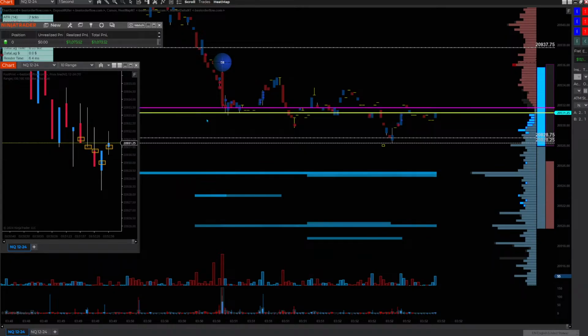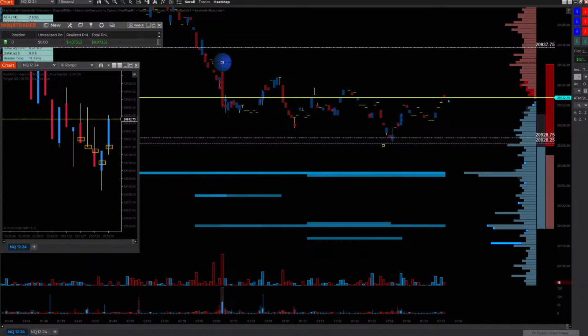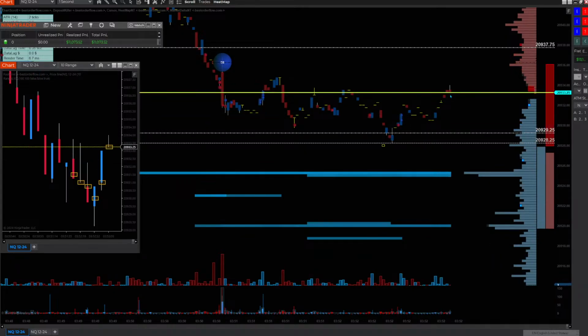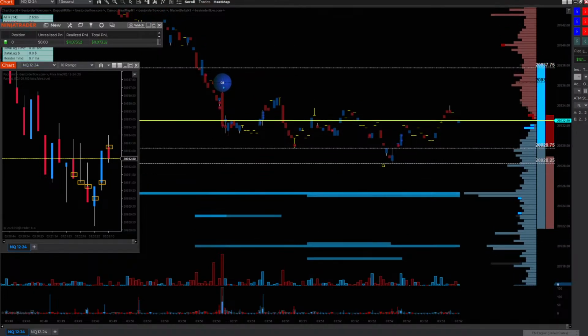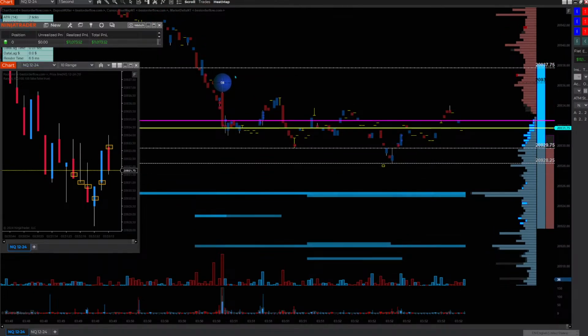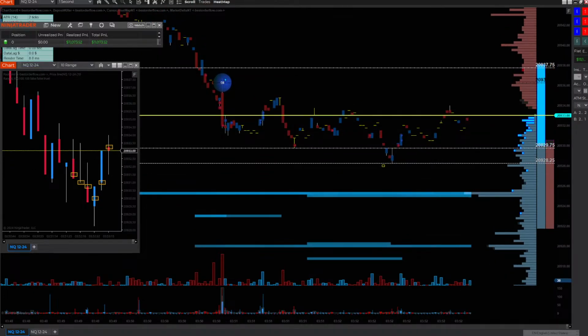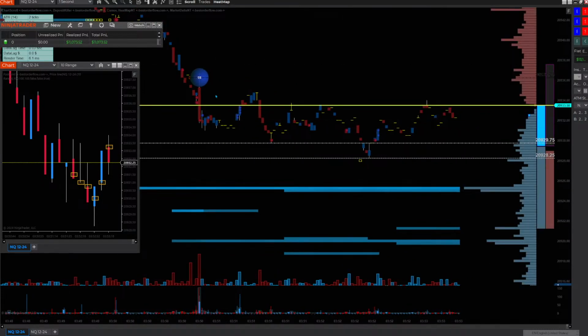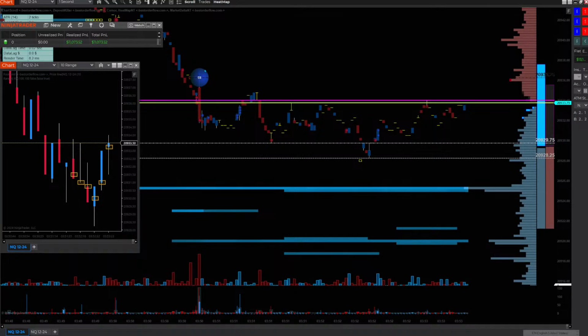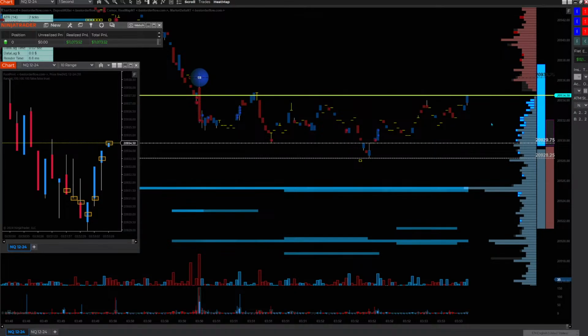So we're going up slightly, but still this is a 20. How many contracts? Okay, there's a bunch of contracts sitting here at level 1, and they couldn't go higher. That's why I intend to short.